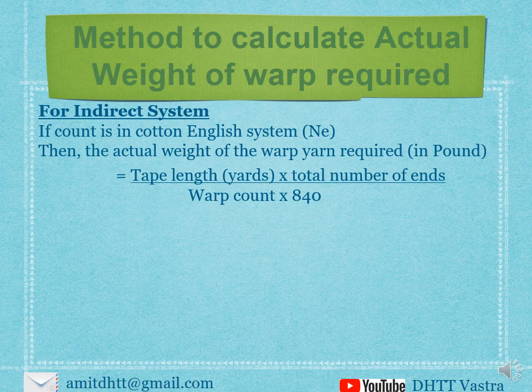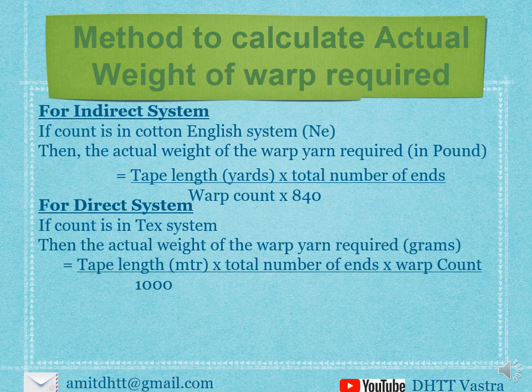Here 840 is the hank length unit of the English system. According to this indirect system, if the length unit is changed, 840 is replaced by that length unit. So if the count is in any system other than the English system, we can easily calculate it.